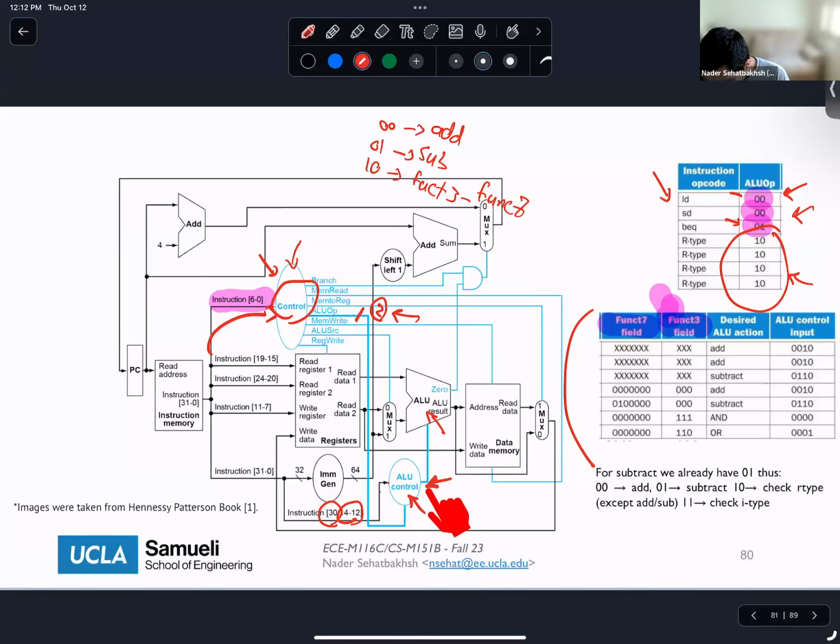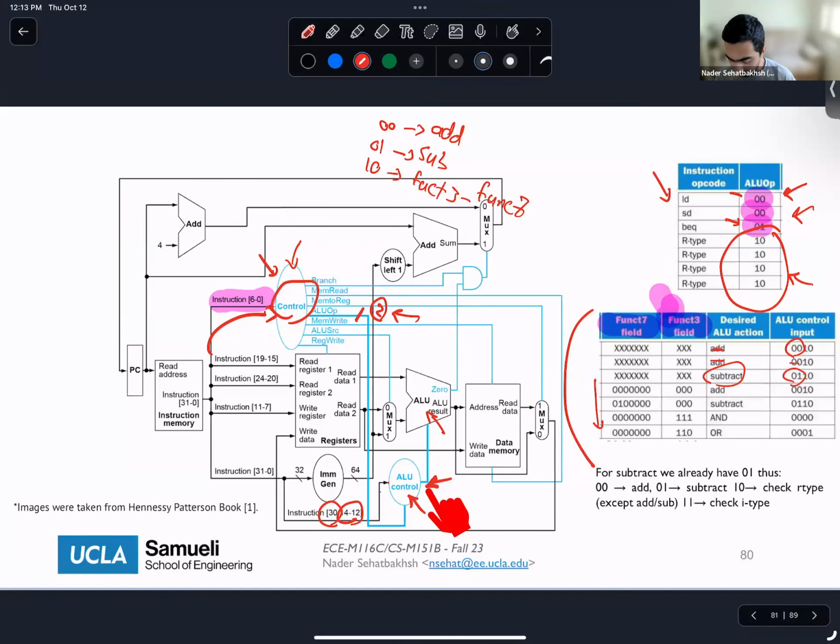If the left bits are 0, 0, then it says that this is an add instruction, so 0, 0, 0, 0. If it's 0, 1, it knows that this is a subtract instruction. And if it's 1, 0, then it knows that it has to go and check func3 and func7.